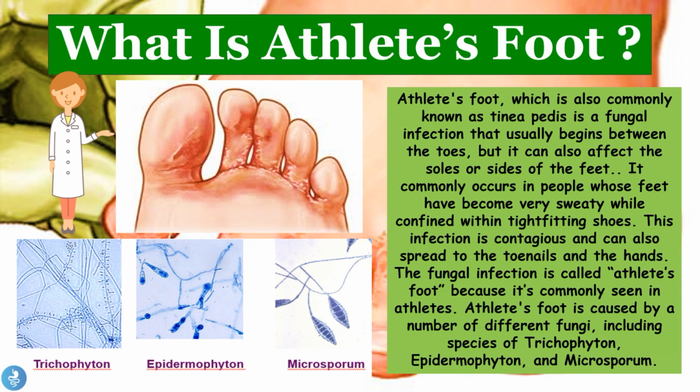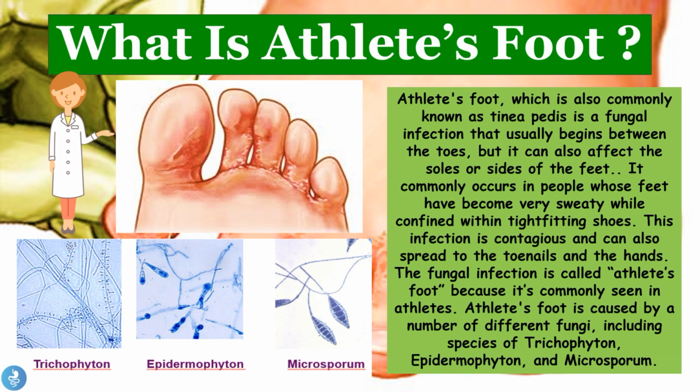So from this definition of athlete's foot, we get that it's a very common fungal infection that usually begins between the toes but can actually spread to the soles as well as the side of the feet. And it commonly occurs in people who wear these tight or enclosed shoes on a daily basis, and that's pretty much what athletes do. They're always seen in running shoes, which are usually quite tight-fitting and completely enclose the feet.